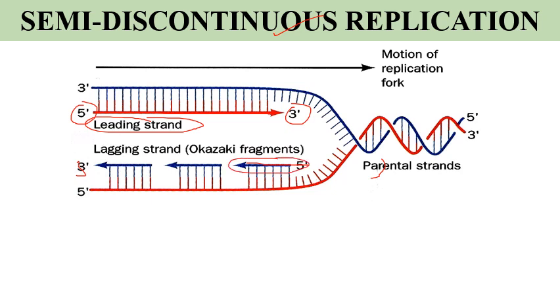So that's why this DNA replication is known as semi-discontinuous. It means in one strand it is continuous and in another strand it is discontinuous. So DNA replication is semi-discontinuous and semi-conservative in nature. Here one parental strand is retained and another strand is formed brand new, that is daughter strand.